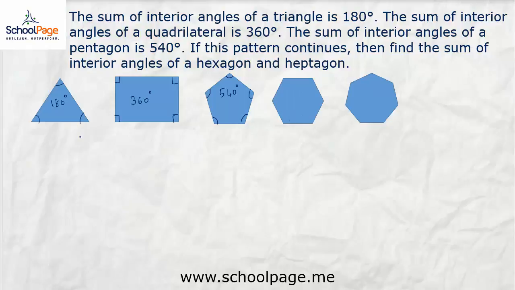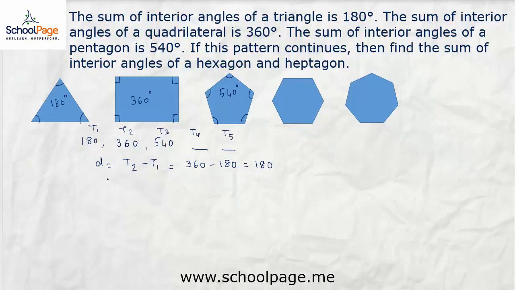Let us first write the list of numbers given: 180, 360 and 540. Let us mark the terms. T1, T2, T3, T4 and T5 are the terms. Let us first find D, which is equal to T2 minus T1, equal to 360 minus 180, equal to 180.